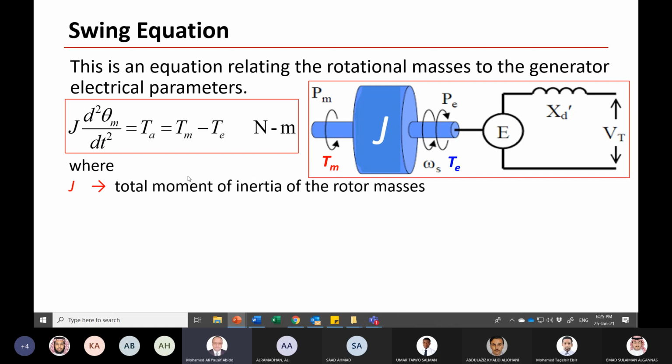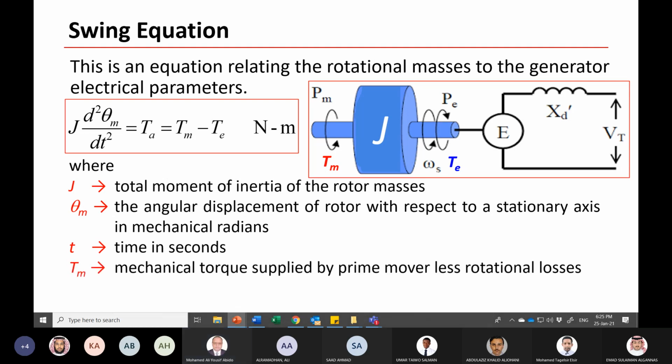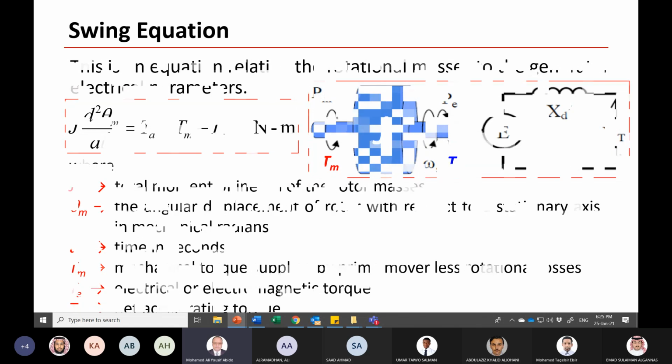J is the moment of inertia of the rotating mass, theta is the angular displacement of the rotor with respect to the stationary axis in mechanical radians, and t is the time in seconds. Tm is the mechanical torque, Te is the electrical torque, and Ta is the accelerating torque. So this is generally the equation of motion of any rotating mass.